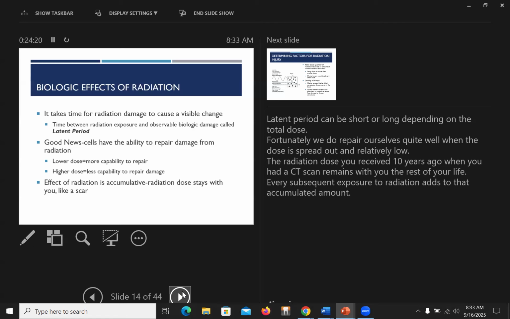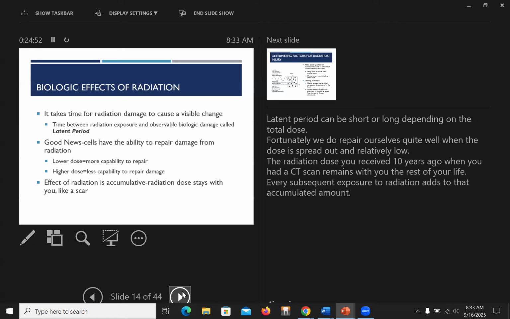So if somebody gets head and neck radiation and they have damage to their saliva glands, they will probably notice severe dry mouth. And then over time, they might start to recover some of their saliva. They might always have a diminished amount of saliva compared to what they had before they had cancer. So that's just an example of having some kind of damage and then your body sort of bouncing back a little bit.